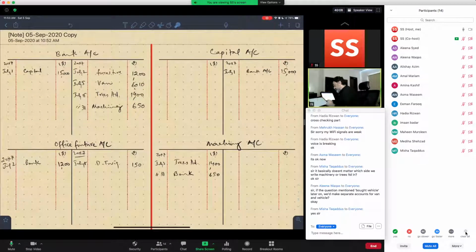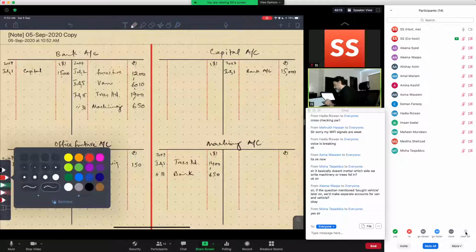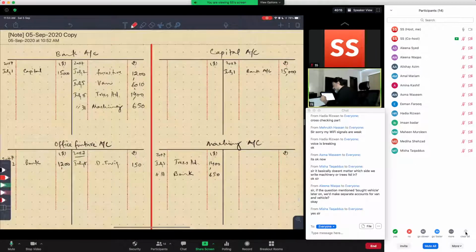So would you agree with this, that if I say that the debit side represents an increase and credit side represents a decrease? Do you agree with these red arrows? Give me a green check in the participants window, please. Do you agree that the debit side represents increase in the bank balance and credit side represents decrease in the bank balance?